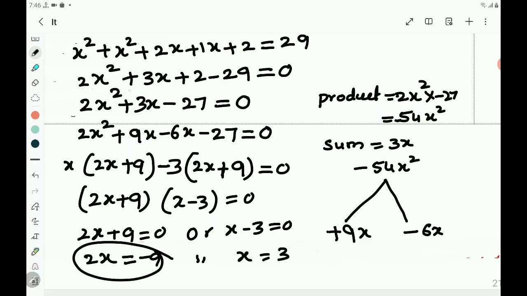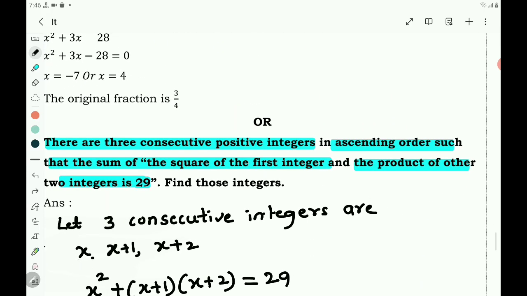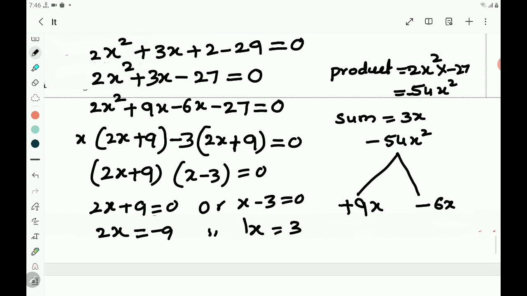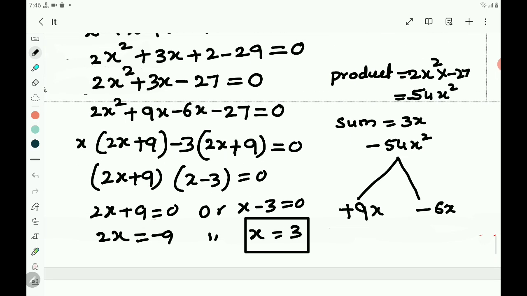Here you got a negative. What is there in the question? Positive integers are there. So you leave that. You consider this one, x equals 3. So the 3 numbers means first number is 3, next number 1 more, next number again 1 more, means 3, 4, 5. The 3 consecutive numbers are, first number you got here, that is x.